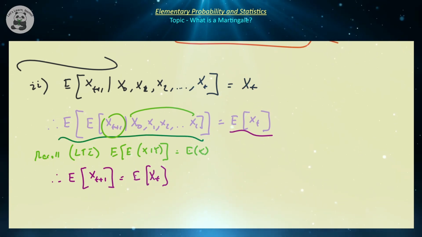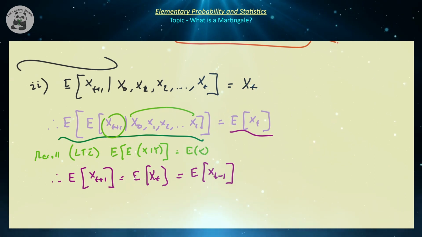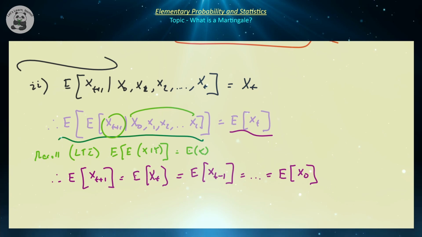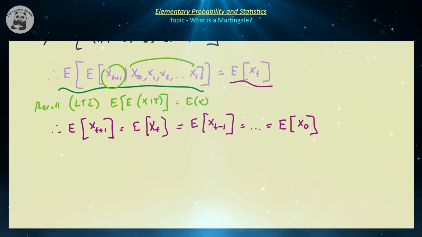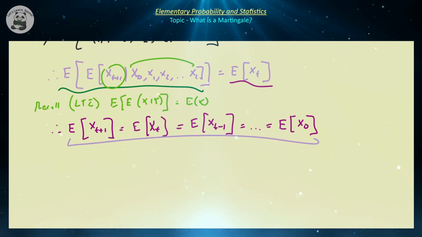One can also show that the expectation of X_t is equal to the expectation of X_{t-1}, the expectation of X_{t-1} is equal to the expectation of X_{t-2}, and we can mathematically induct this all the way down to the very first random variable, X_0. Right? So what we have here is that if we have a stochastic process that is a martingale, then regardless of the position you are in this sequence, we have the same exact mean. So the means are constant.